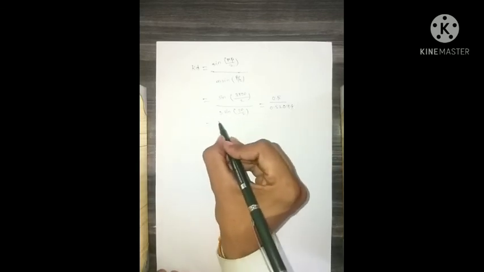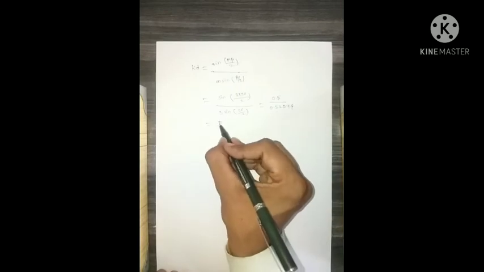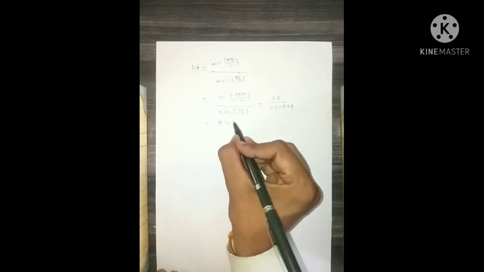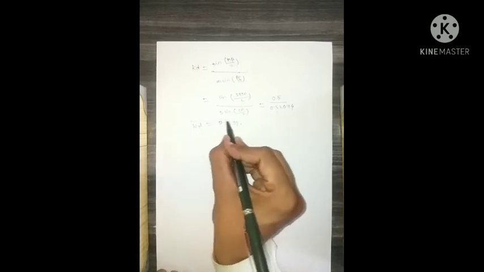After calculating this, we will get 0.9597. This is our answer of Kd.